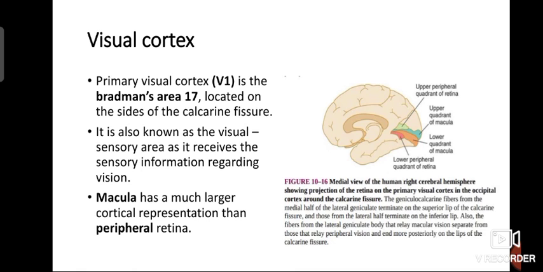The area of the macular quadrant is larger than the peripheral retina. The fovea centralis is present in the center of the macula, which is a small area in the posterior part of the eye, and its cortical representation is larger because the fovea centralis contains cone cells, which are responsible for color vision.